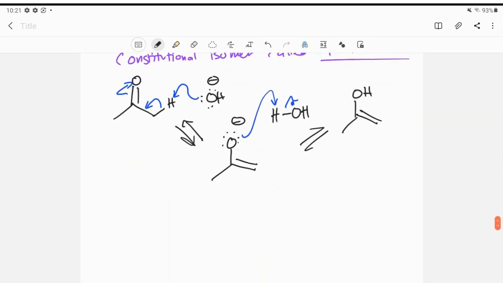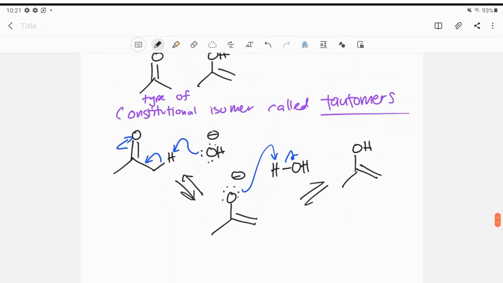But that's the idea. If you understand the process, then I can just say tautomerization, poof, now I have the other form of whatever I want to talk about. Interchange, I think, would be a better word.